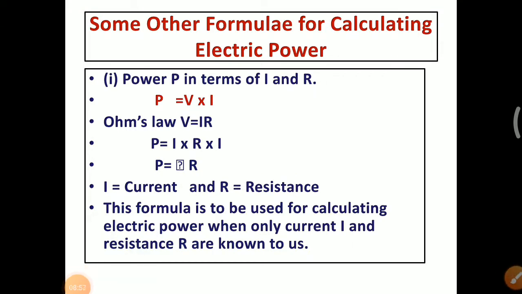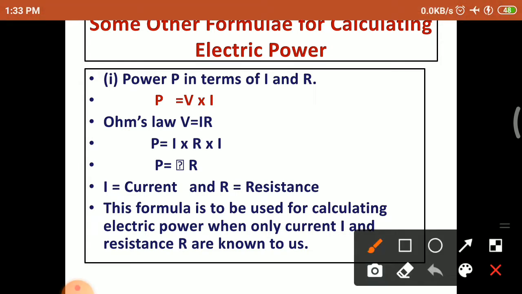Now some other formulas for calculating electric power. Power P in terms of I and R. You know that P equals VI. From Ohm's law, V equals IR. Here I need the power in terms of I and R, so in this formula I don't need V. Instead of V I substitute IR.